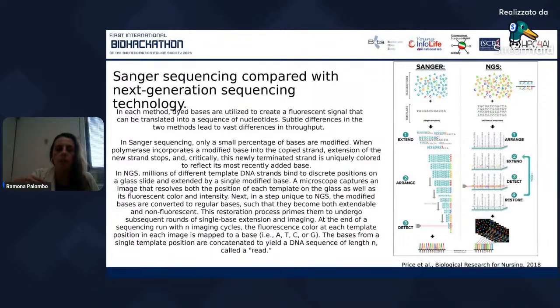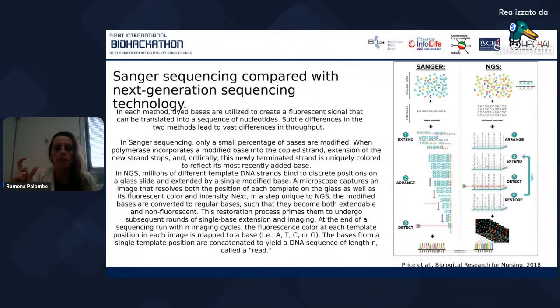And often, the DNA or RNA that we are studying is fragmented, so we have different fragments of the RNA or DNA samples.